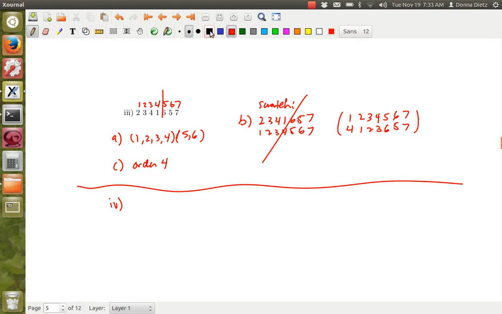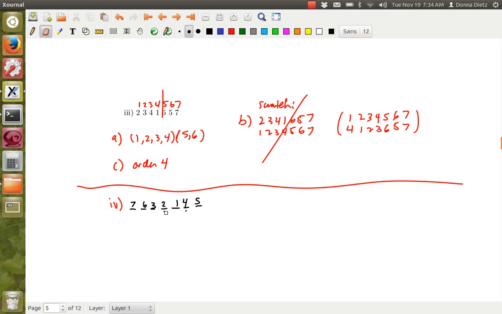So let's say the problem looks like this. I'm trying to think on the spot here. I'm going to scramble, let's say, there we go.